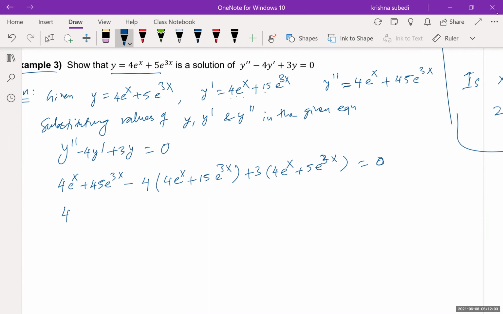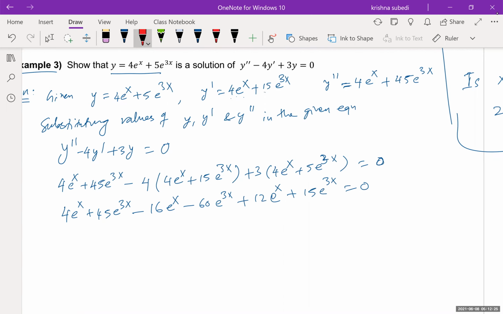Now let us do the calculation here. 4e to the x plus 45e to the 3x minus 16e to the x minus 60e to the 3x plus 12e to the x plus 15e to the 3x equals 0. Now let us combine the like terms.